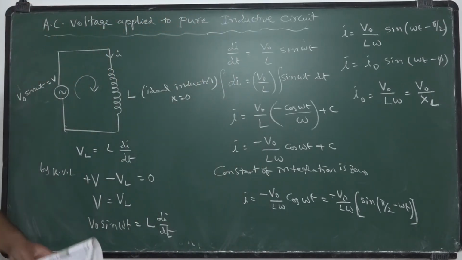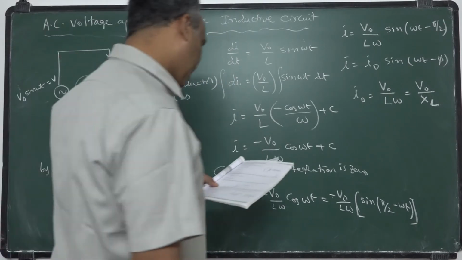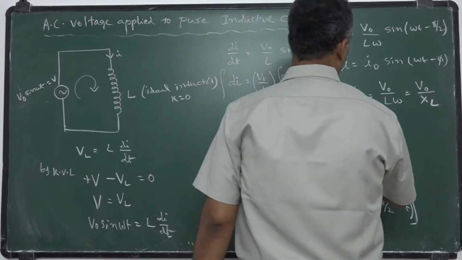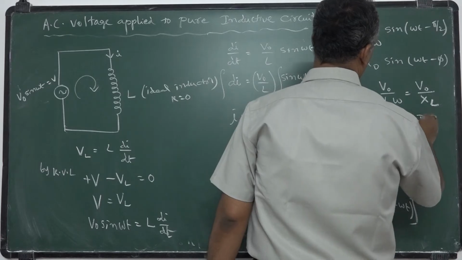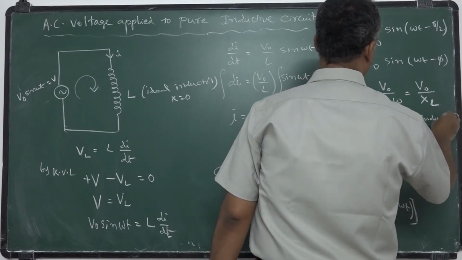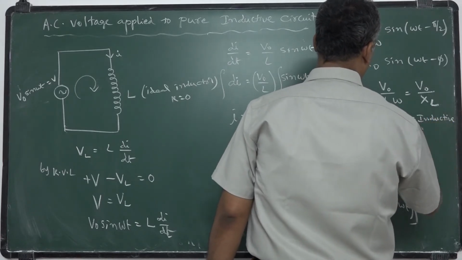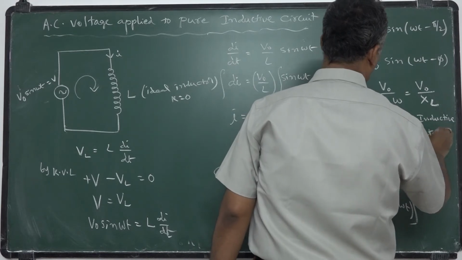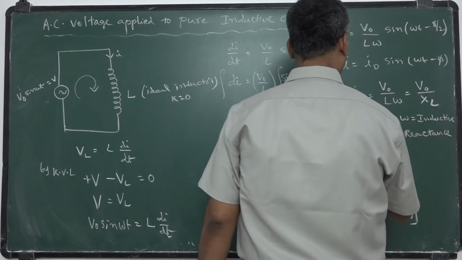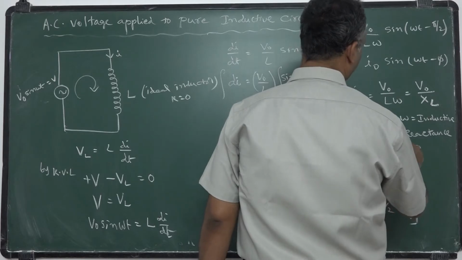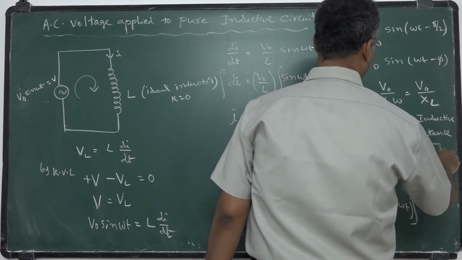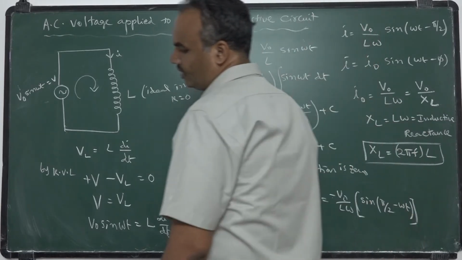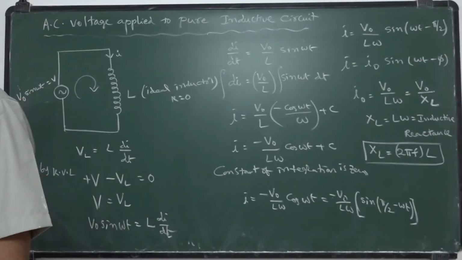So here XL is L omega, called inductive reactance. Omega means 2 pi f, so XL can also be written as 2 pi FL, which plays a similar role like resistance in the pure resistive circuit.